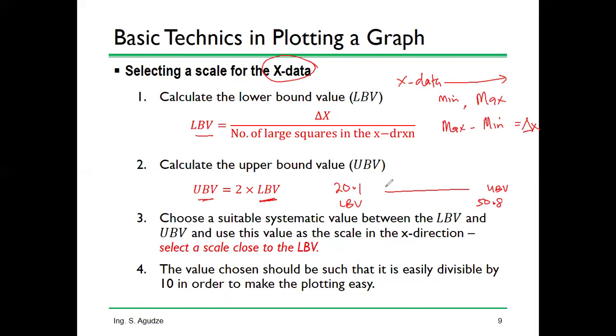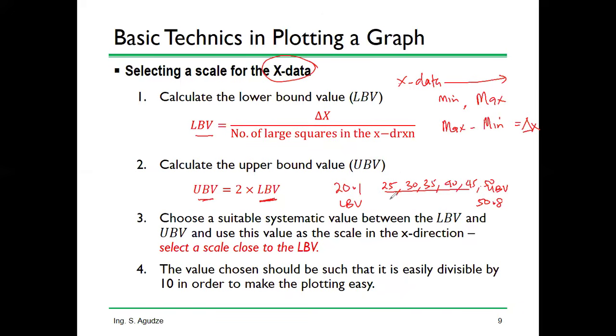If you make it easily divisible by 10, you get very high accuracy in your plot. So I can say 25, 30, 35, 40, 45, and I can even take 50 because the upper bound is 50.8. You can select any of these values as your scale.